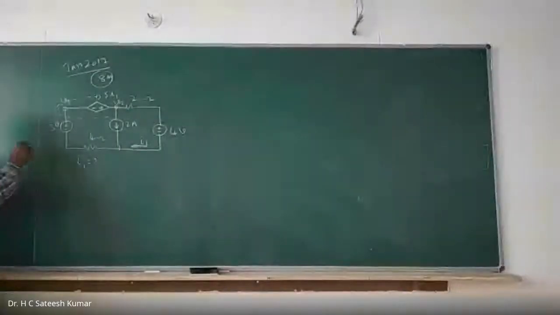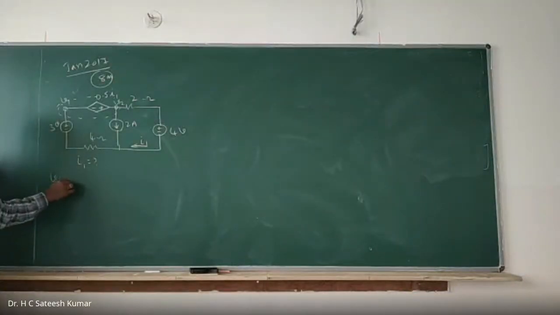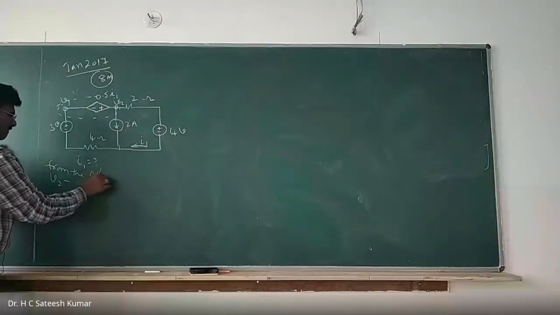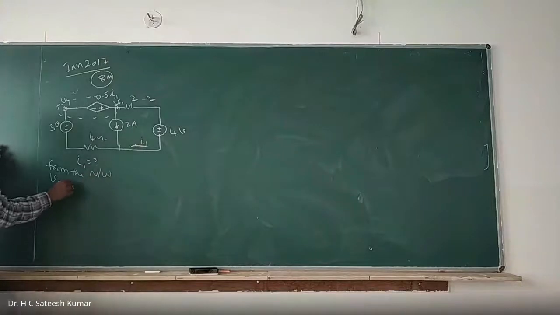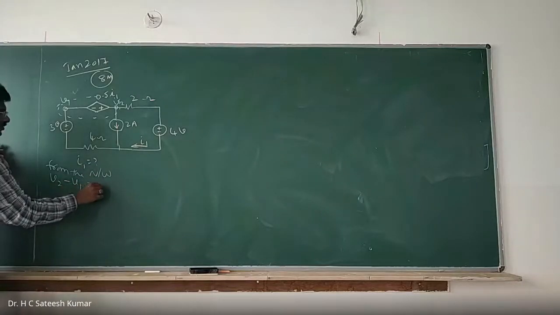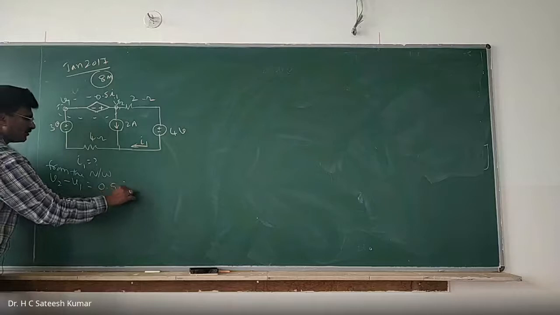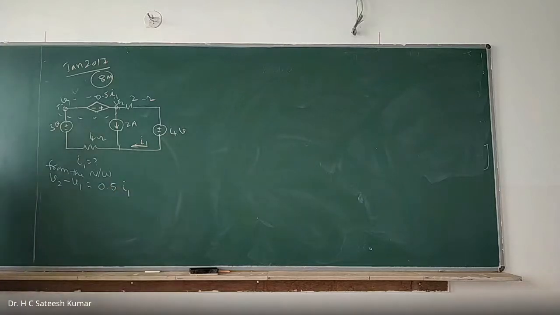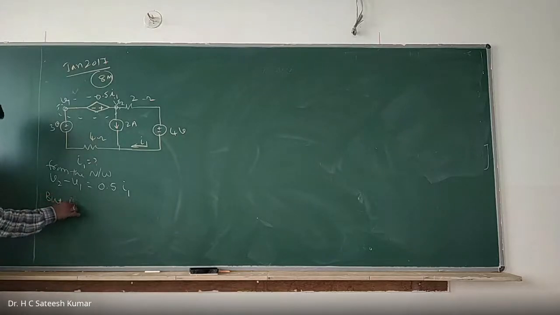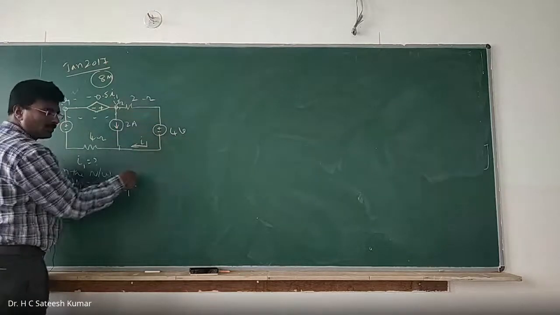Therefore, you can write V2 minus V1 from the network. V2 minus V1 is equal to 0.5 I1. Okay, right. So what is I1? I1 is this current, which is nothing but this current only.